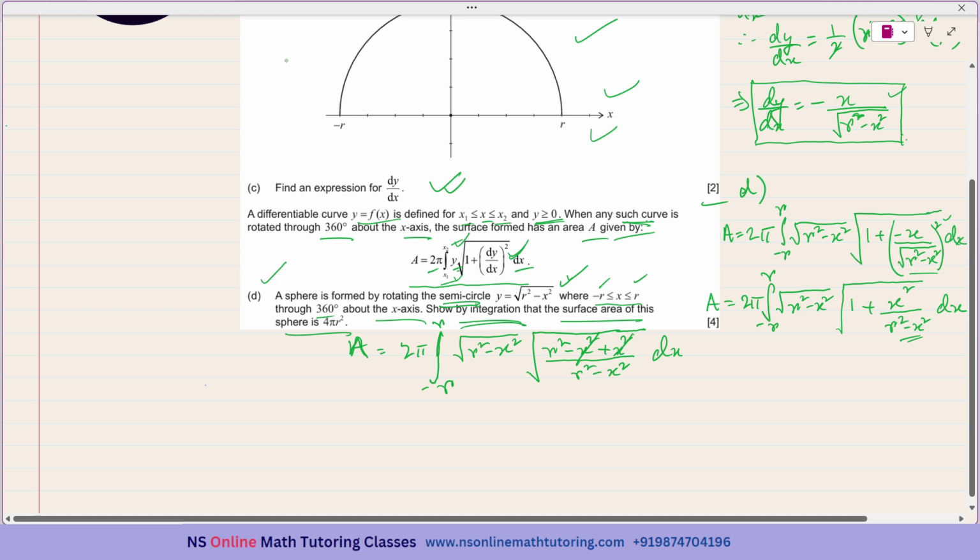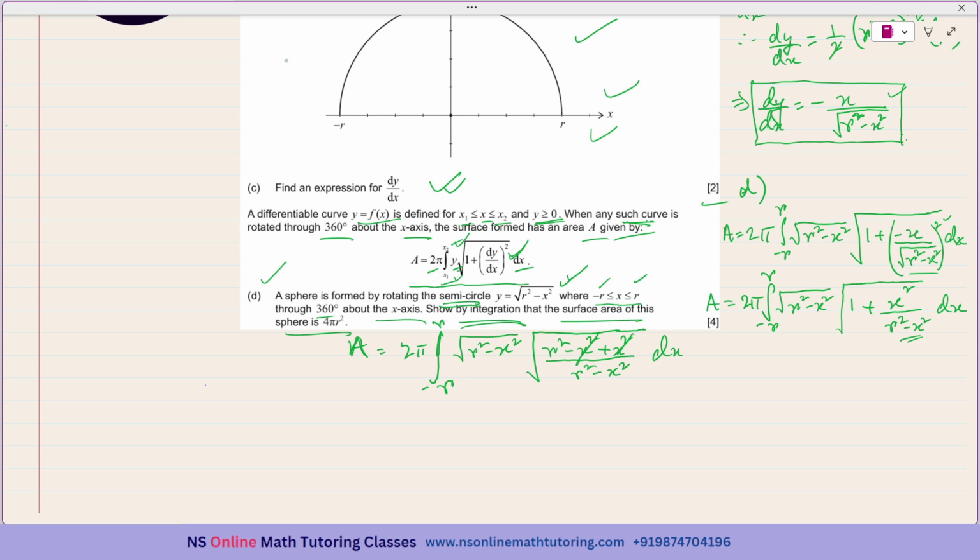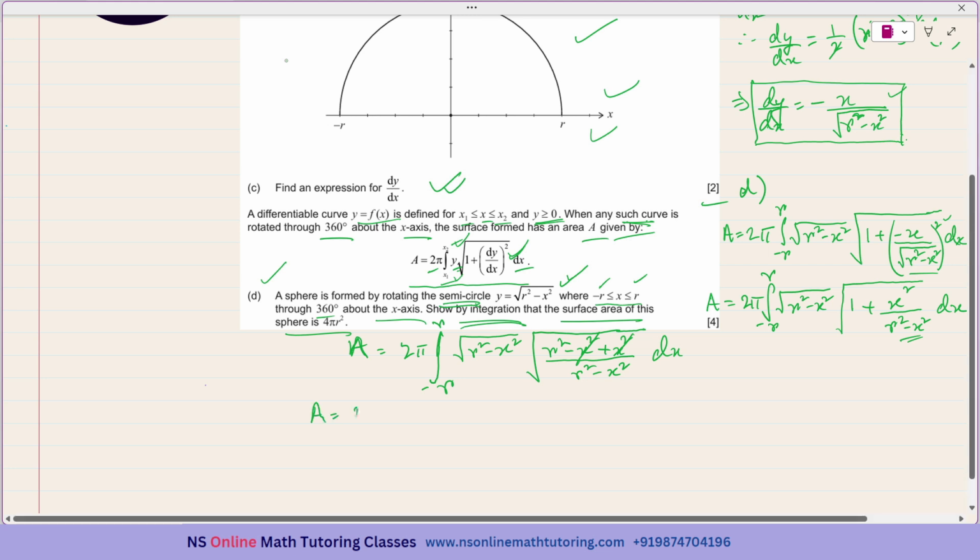Fine. So this is equal to, I can write it over here, A equal to 2 pi, integral from minus r to plus r. Then it is r square minus x square, and the numerator is r square. Square root of r square is just r. And the denominator, I'm writing it separately: it is square root of r square minus x square, so that I can cancel these two. And r is a number, so I can take this outside the integral sign.